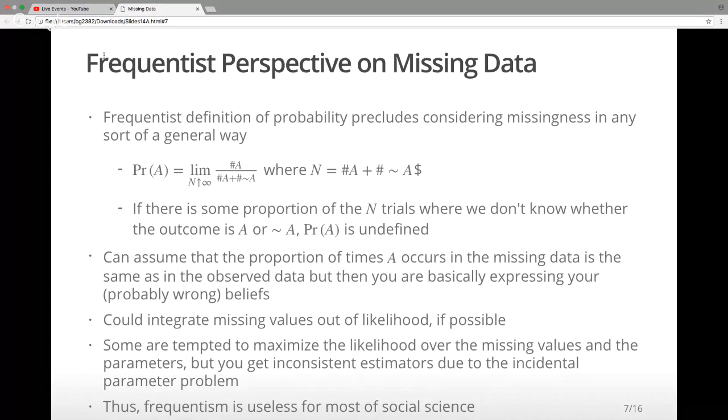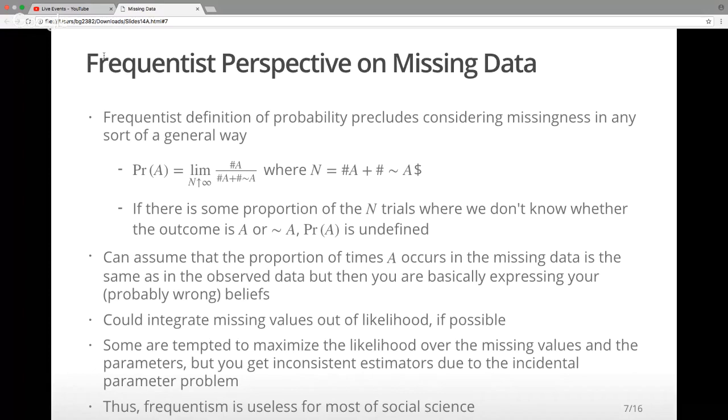And so, just like with mismeasured data, missing data doesn't really go with the frequentist framework that well. Mismeasured data is very common in social science. Missing data, just as common in social science.